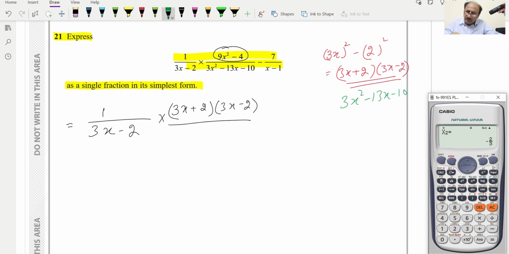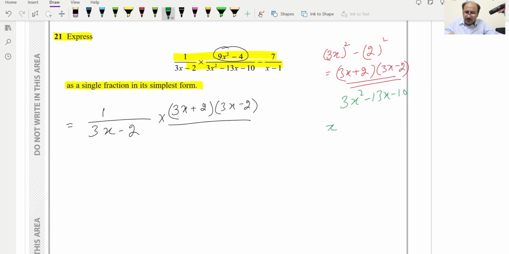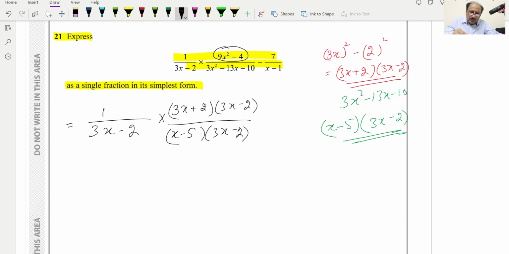So we can write x minus 5 and 3x minus 2. We write over here x minus 5 and 3x minus 2, and the remaining part we will write as it is, which is minus 7 over x minus 1. So I will separate this portion.